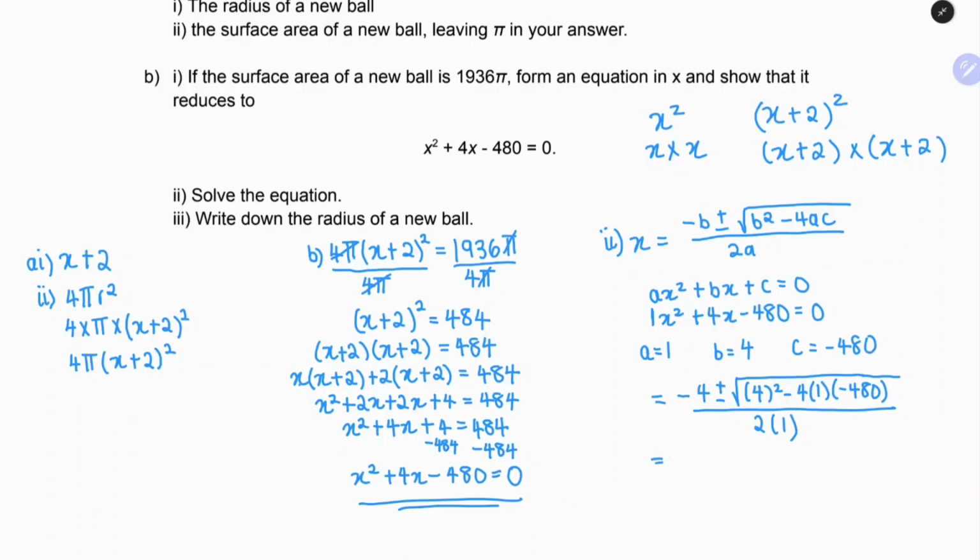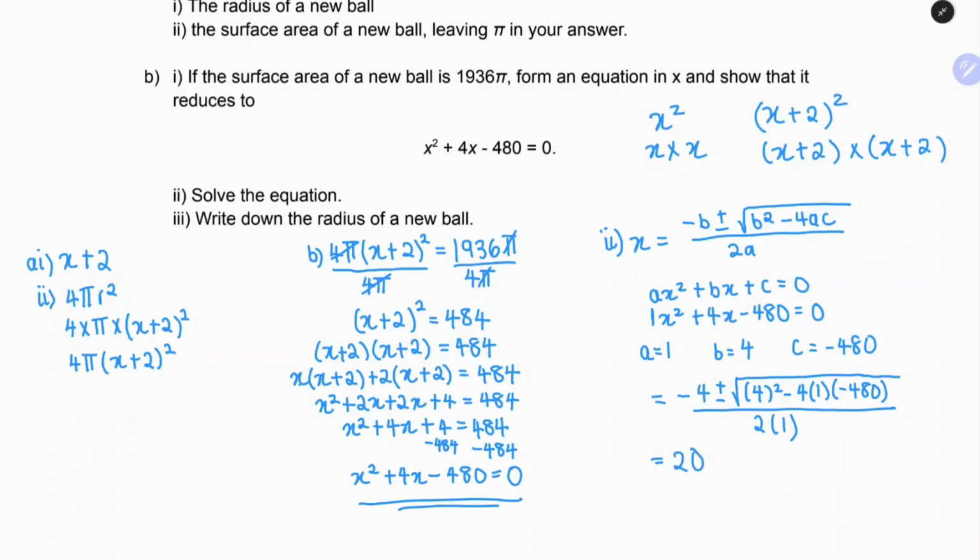As I put it into my calculator, it's going to be negative 4 plus the square root of 4 squared minus 4 times 1 times negative 480, and then divided by 2 times 1, which immediately gives me 20.